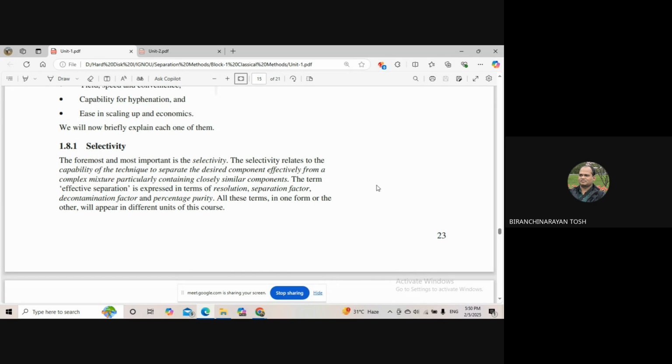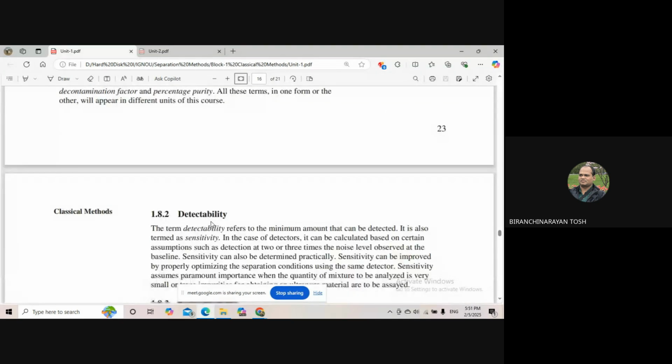All these terms in one form or the other will appear in different units of this course. Resolution, separation factor, decontamination factor, percentage purity, or the retention factor, all these things are there. So selectivity means which technique to select for the separation of a particular mixture. Selectivity is the main criterion.